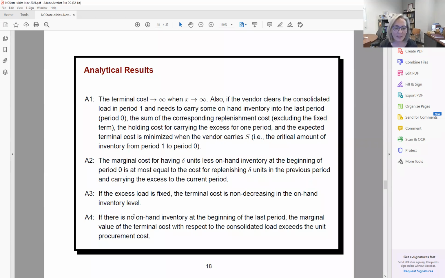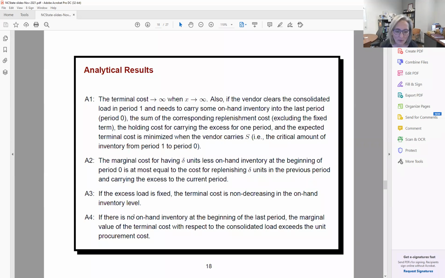For example, assumption 4 basically implies that if there is no on-hand inventory at the beginning of the last period, the marginal value of the terminal cost with respect to the consolidated load exceeds the unit procurement cost, so that you do not have any opportunistic motive not to clear outstanding orders.